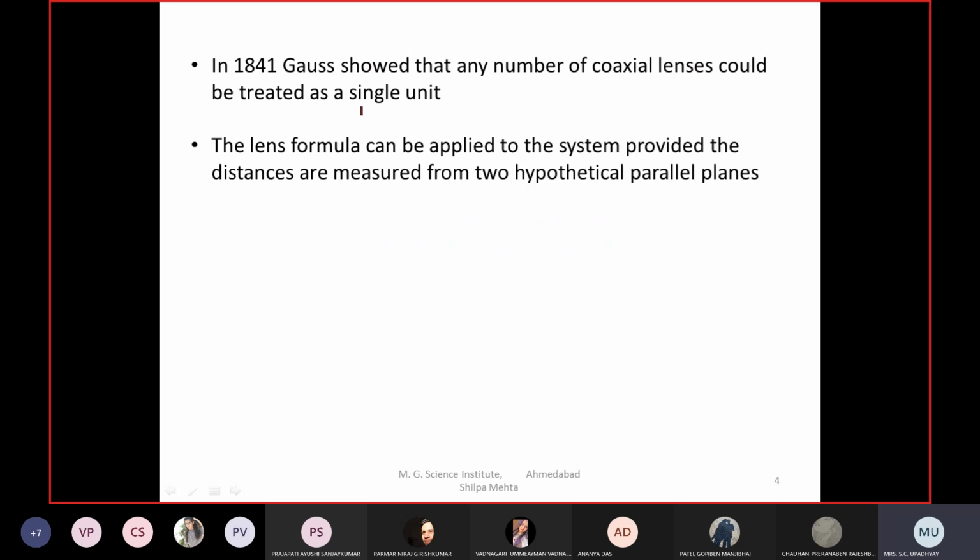And then the lens formula, 1 upon d2 minus 1 upon d1 is equal to 1 upon f. That lens formula can be used if we measure the distances from two hypothetical parallel planes.